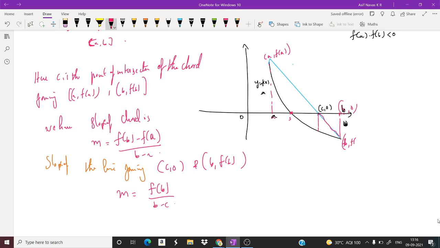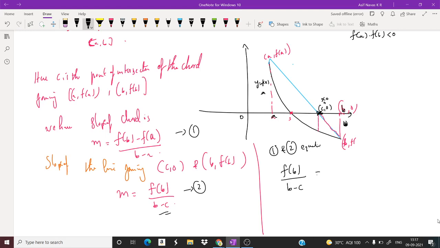Both the slopes are same, so equating 1 and 2, my next approximation will be x naught equal to c. So we have to find out what c is. Equating 1 and 2, f of b divided by b minus c is equal to f of b minus f of a divided by b minus a.